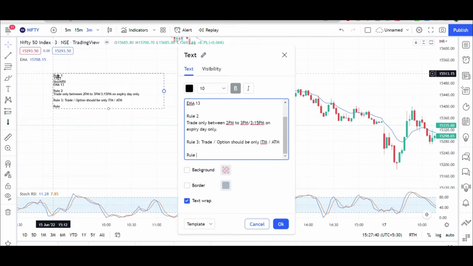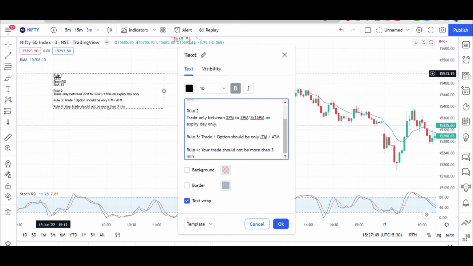Rule number 4, your trade should not be more than 3 minutes. It means you don't have to hold the trade more than 3 minutes. Only on one candle you have to enter and exit, that's it.